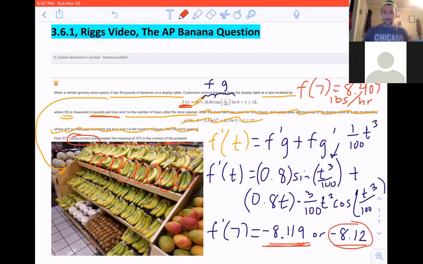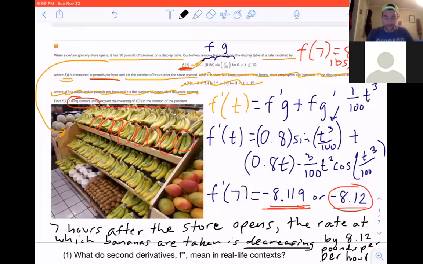Let me write that out for you just so you can see that. So what this is saying, and it's okay if it doesn't make the most sense, it's still a tough concept for me, is that 7 hours after the store opens, because again, t is representing the number of hours after the store is opened, the rate at which bananas are taken from the display table is decreasing.